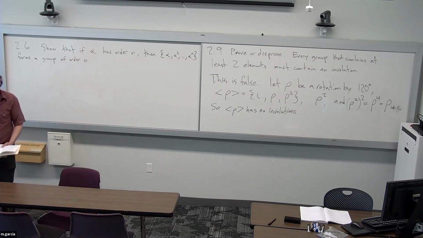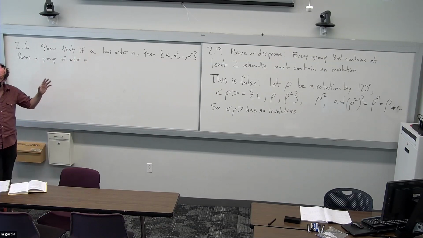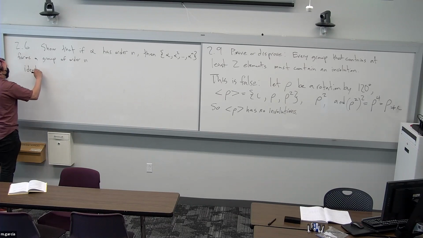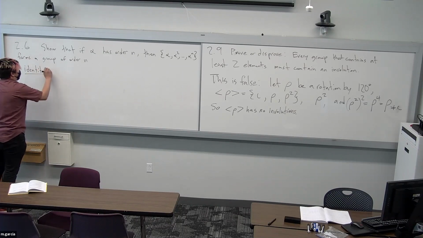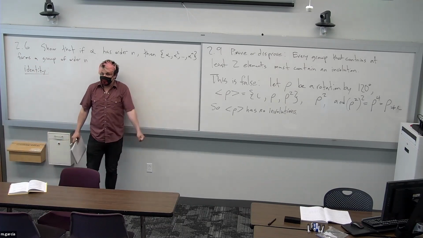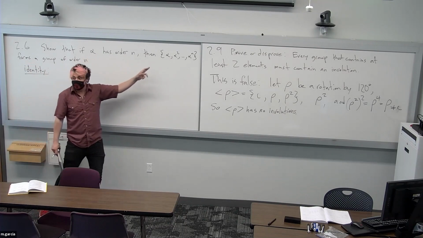Okay, so this is a fairly routine set of verifications, right? First of all, let's go through this really quickly. Where does the identity appear in this set? Alpha to the n. That's the definition of alpha having order n.